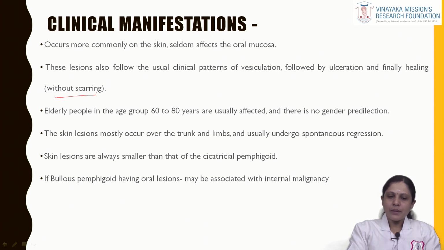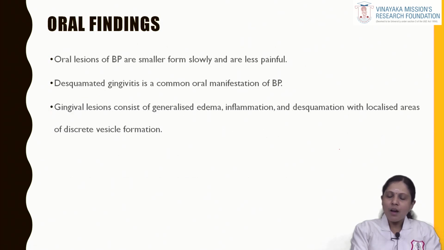Elderly people in the age group of 60 to 80 years are usually affected, with no gender predilection. The skin lesions usually present on the trunk and limbs and undergo regression, and are comparatively smaller than in cicatricial pemphigoid. Oral lesions are smaller, slow to progress and less painful compared to pemphigus and cicatricial pemphigoid.